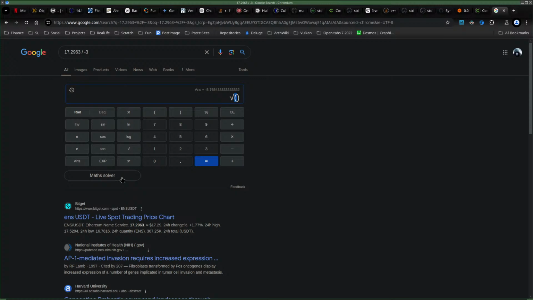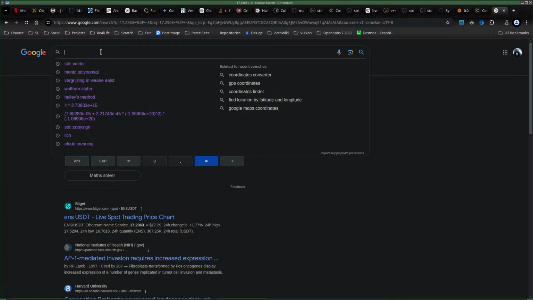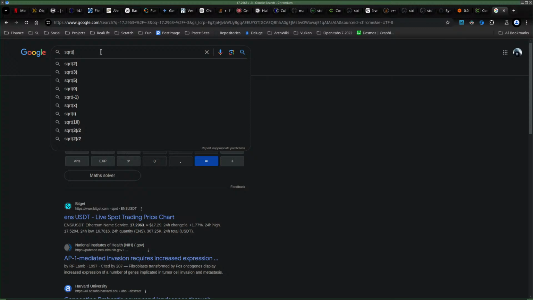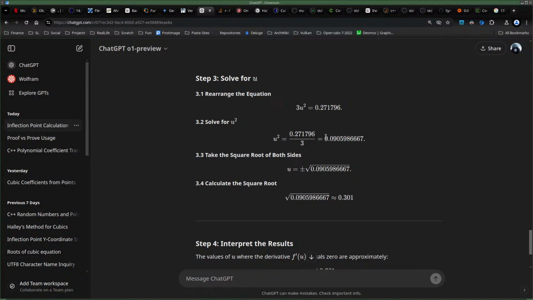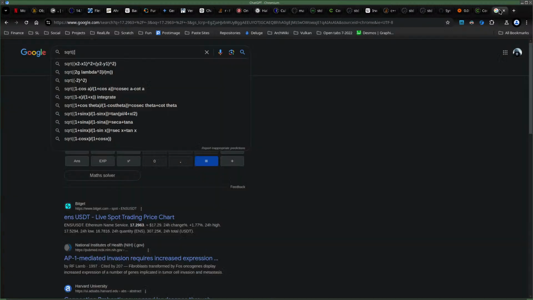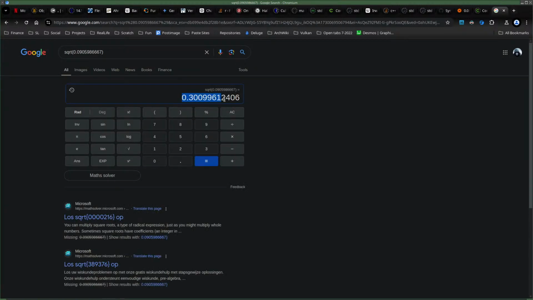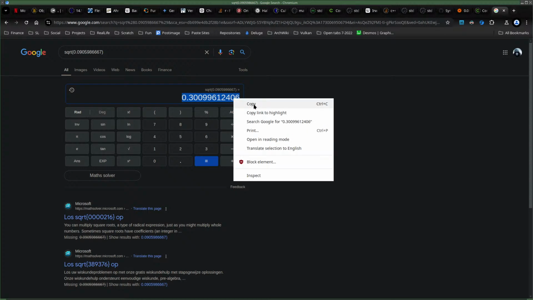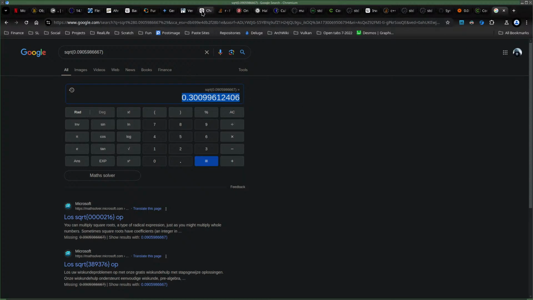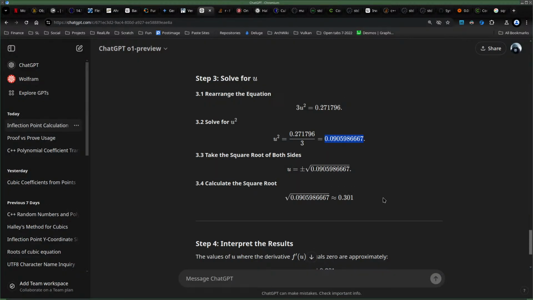That is so ridiculous. Square root of... Well, and I lost it. This number. So lazy. Do it with Google instead of copy. Okay. Don't give me short things.